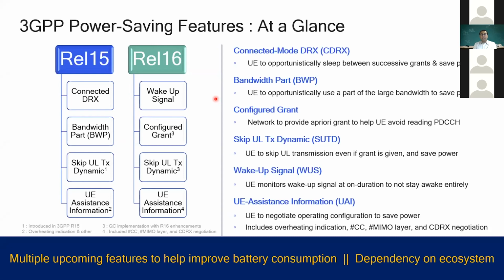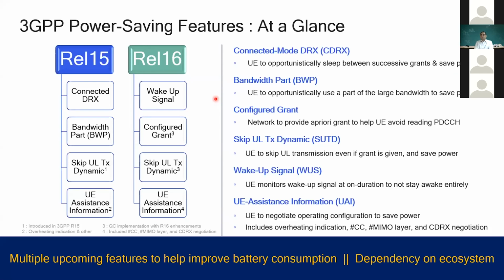Configured grant is a modified version of uplink pre-scheduling that is already out there in your network. But the benefit here is that the UE is aware, unlike uplink pre-scheduling, of when the grant would come, so that in between the UE could sleep and accordingly save some power.